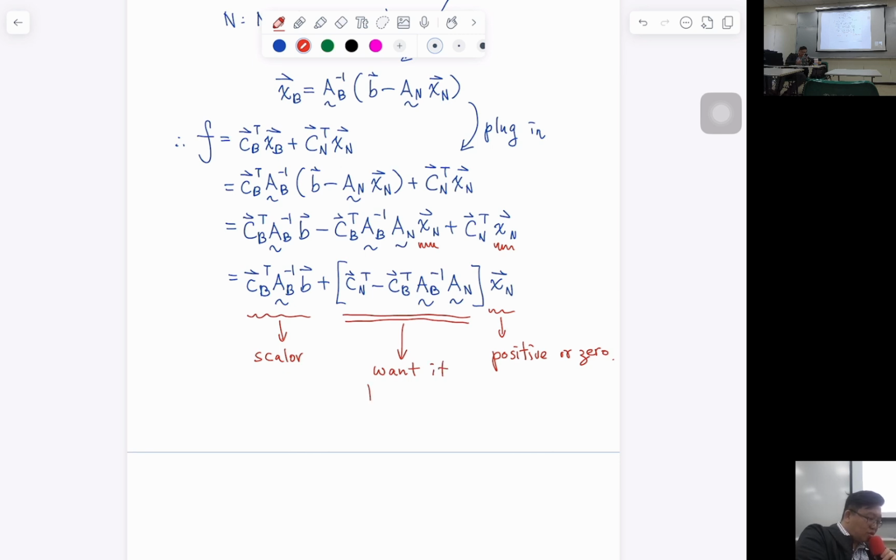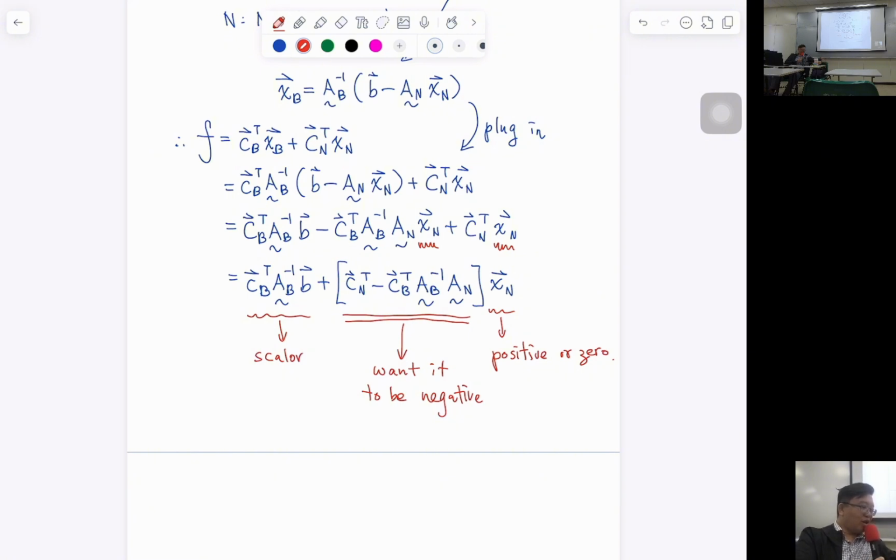Because if x is positive, then its coefficient I need to be negative. Otherwise, I'm not minimizing a function. It's a very important concept for linear programming.